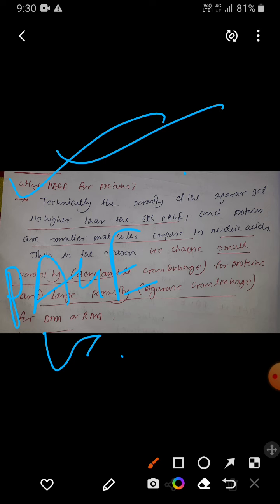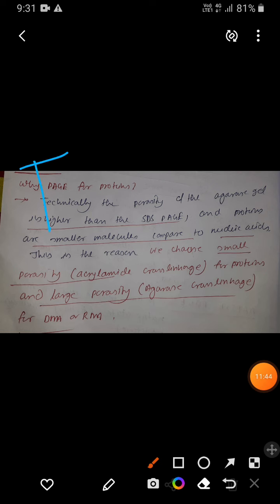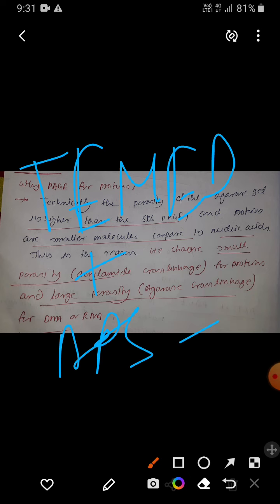But in case of agarose gel electrophoresis, the pore size is relatively larger than PAGE, and here the protein molecule is usually smaller than the nucleic acid. That is the reason smaller porosity, that is acrylamide cross linkage, is strictly for protein, and larger porosity, that is the agarose cross linkage, is for DNA and RNA. And you have to also remember what components help in cross linkage of acrylamide. We have discussed already TEMED and APS, ammonium persulfate.